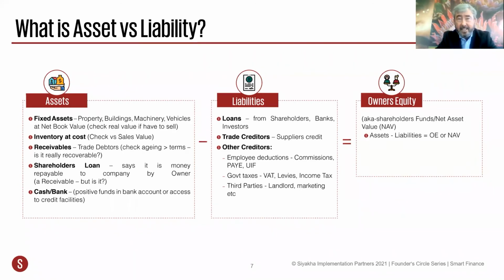Inventory, now that's your stock. That's your stock in trade. That's what you're doing business with. So assuming that you're in a trading goods environment, that's what you've got. And typically there again, it's how much did you buy it from your supplier? If your supplier gave you a discount, then you would put it on the balance sheet at the net price after the discount, because that's the true cost.